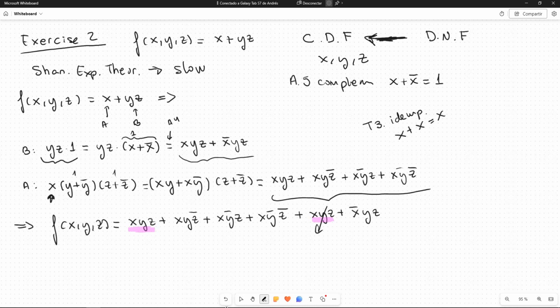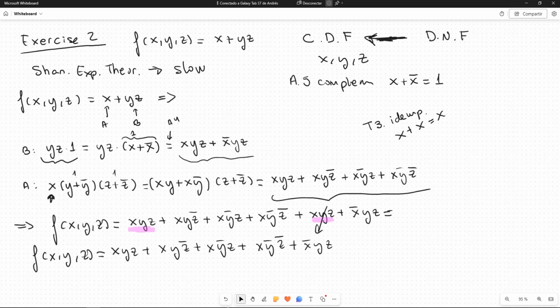Finally, the function is the following. And this is the canonical disjunctive form of the function because it's the sum of its minterms.